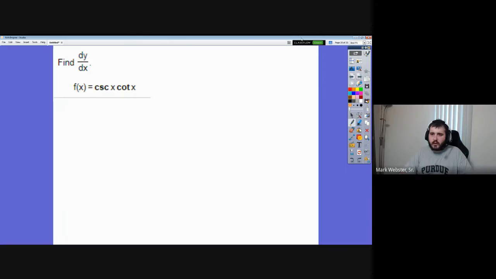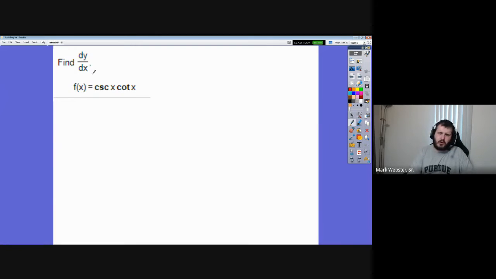Here's the next one. We're going to take the derivative of cosecant cotangent. Okay, so let's do that. Now, as you're going through and doing this, again, sometimes it helps to break it up. This is not one of those times.